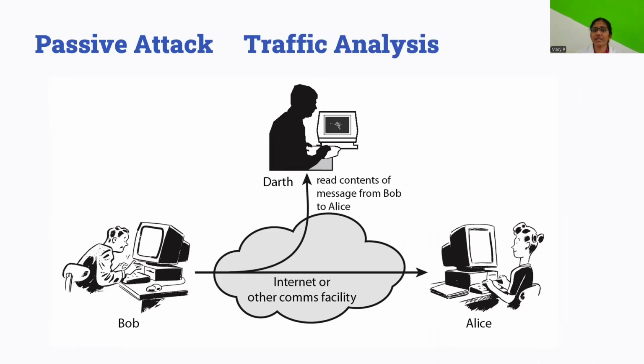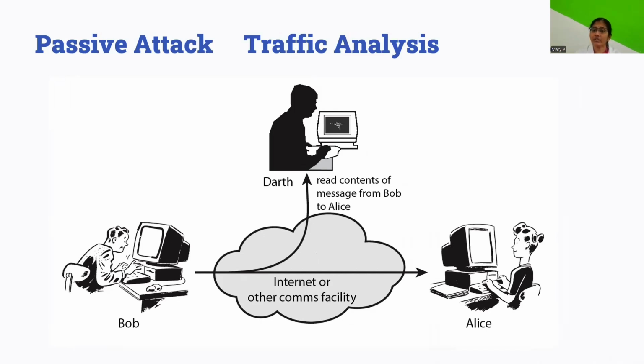The second one is traffic analysis. In that, his or her aim is to know the pattern applied to that transmission. In interception, they want to know what message is going from one end to another end.